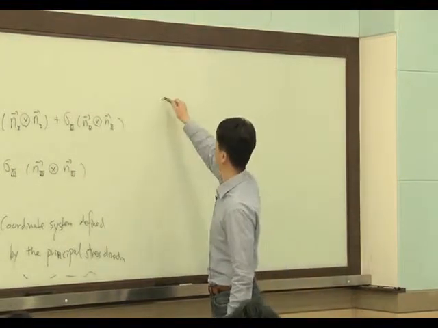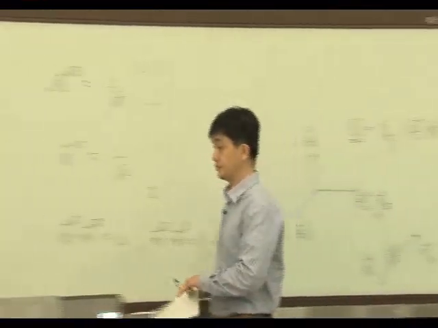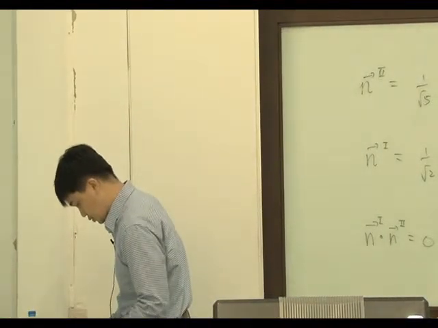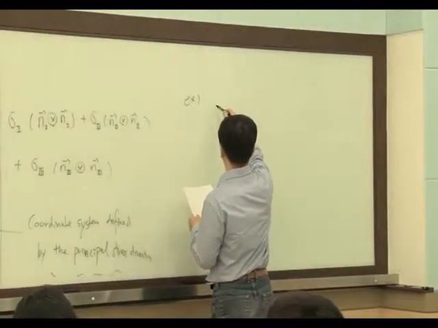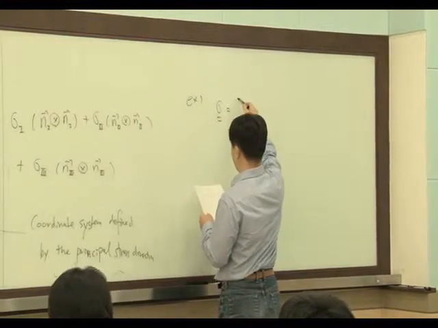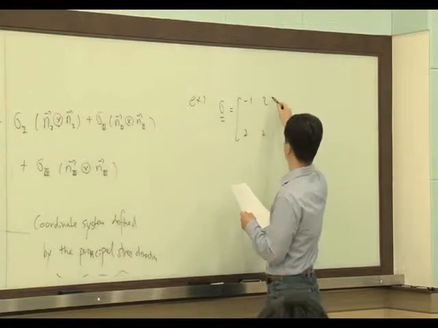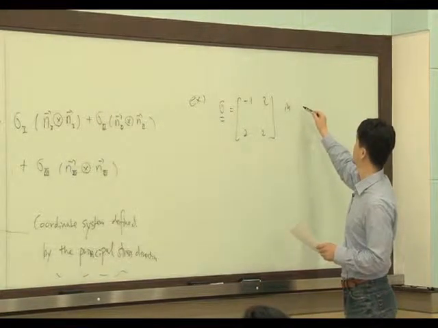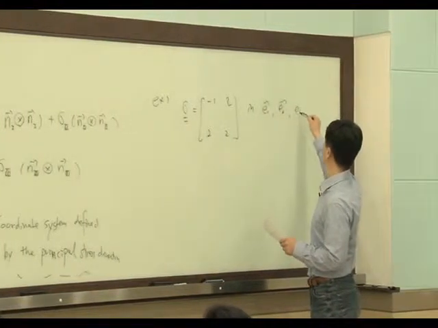So for example, in 2D, the stress was -1, 2, 2, 2 in the coordinate system E1, E2, right?